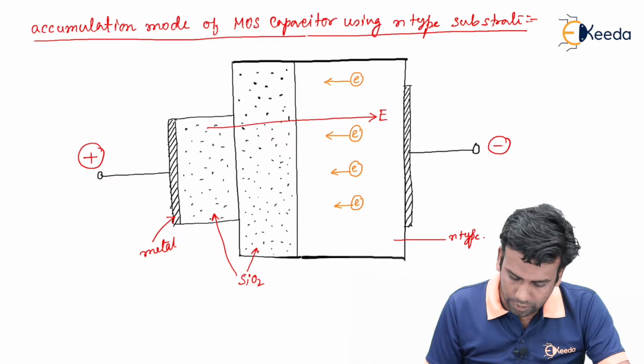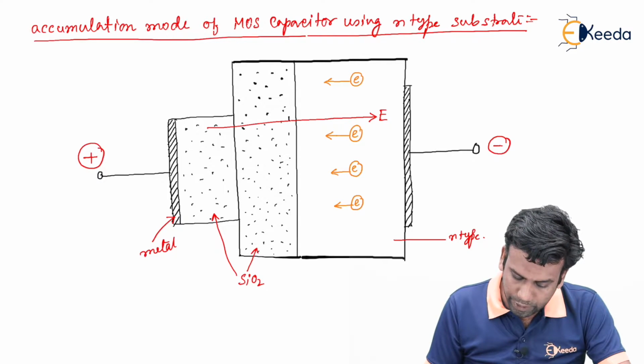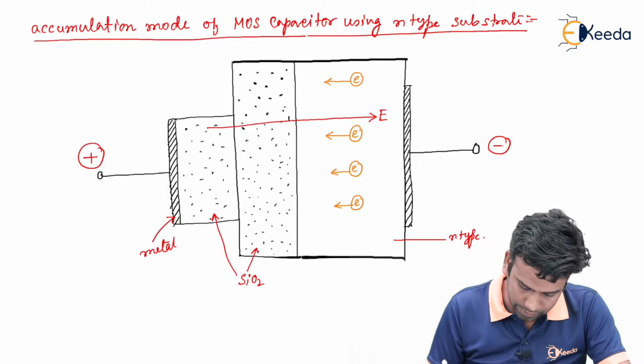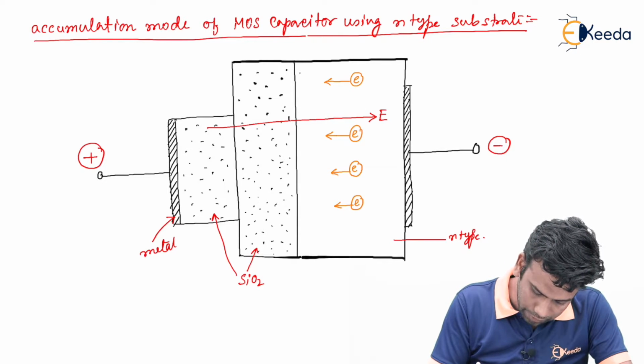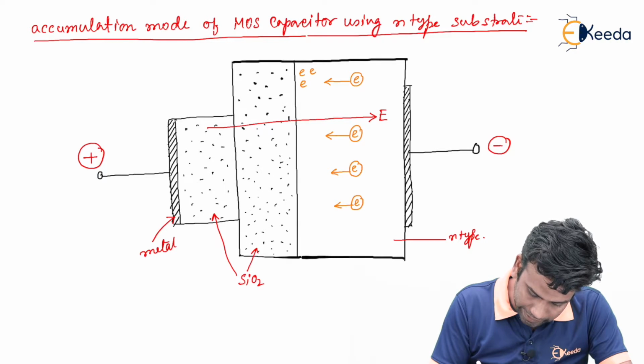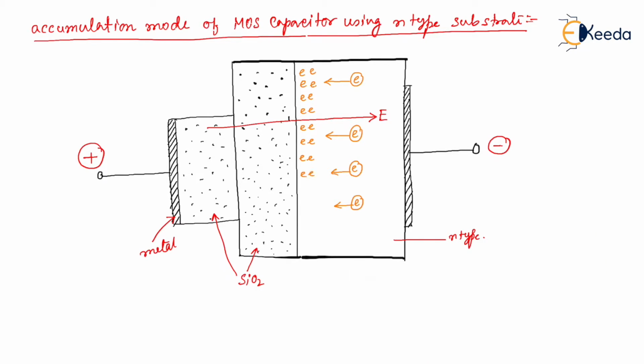Due to this movement of majority carriers, the electrons, towards the interface, there will be an accumulation of electrons just under the silicon dioxide layer at the interface.